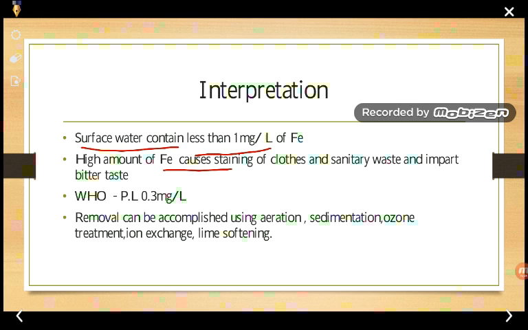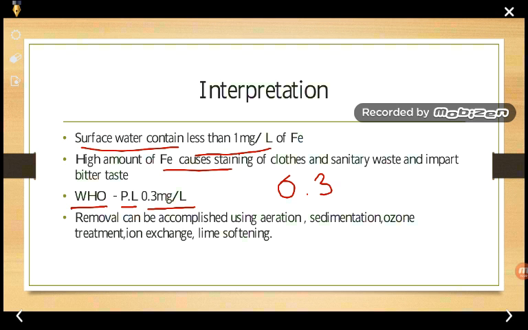And according to the WHO, the permissible limit of the ion is 0.3 milligrams per liter. So in an examination, you will be asked what is the concentration of the ions. So you must know the concentration of the ions or the permissible limit of the ions. What is expected is that it should not be beyond 0.3 milligrams per liter.